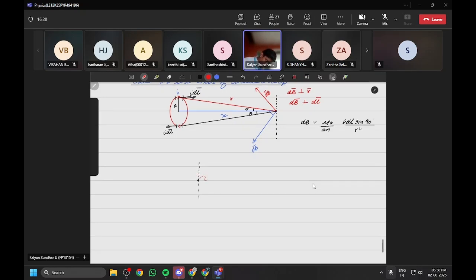So this is your axis line, and this is your small r vector. From this small r vector, your dB value will be like this, dB. And completely it is making an angle of 90 degree here. This is 90 degree, and the angle subtended here is theta value, and this also will be theta value.